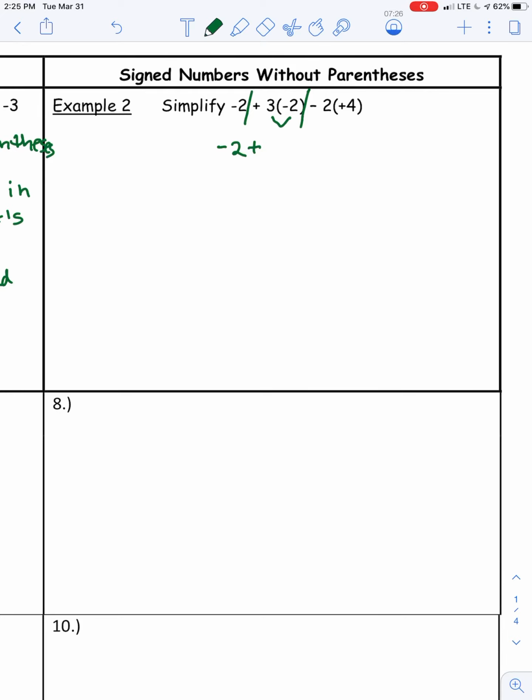I get a negative 6. Okay, so we just call this minus 6 because we're multiplying. Actually, we can look at this like a positive 3 times a negative 2. Here I have a negative 2 times a positive 4, and I would get a negative 8. So what I have is negative 8 minus 8.